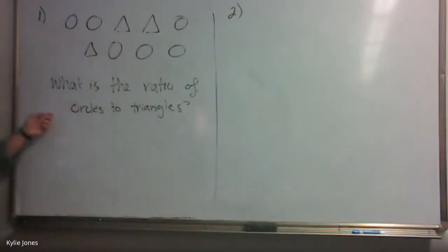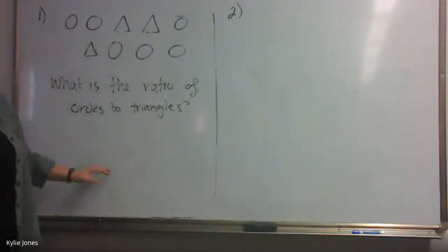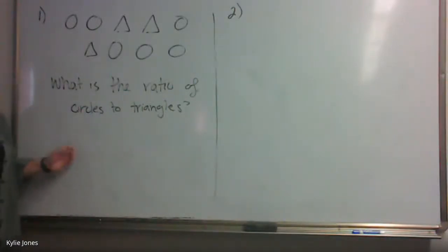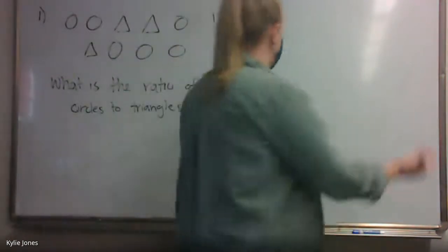Okay, and do you have to simplify a ratio? What do you think? No. Yep, it's just like simplifying a fraction. Simplify the ratio if you can, okay? And we'll talk about that too. So those of you in here, do it on your desk as well.